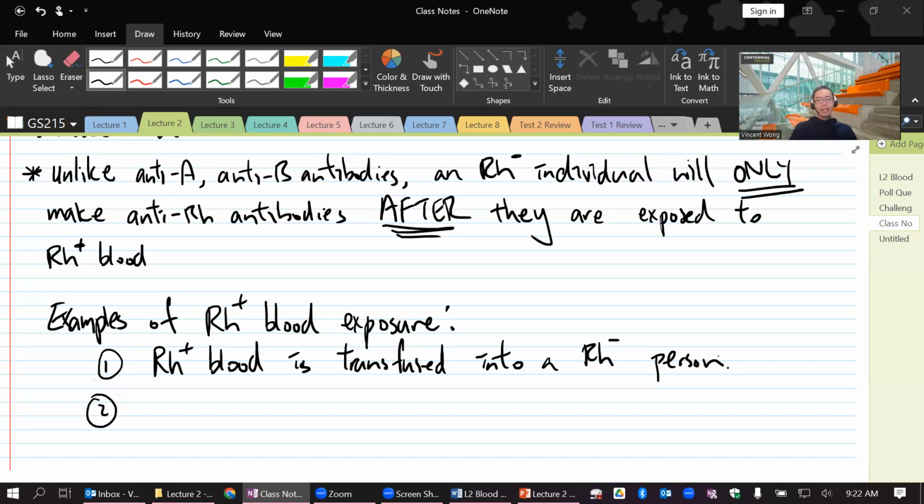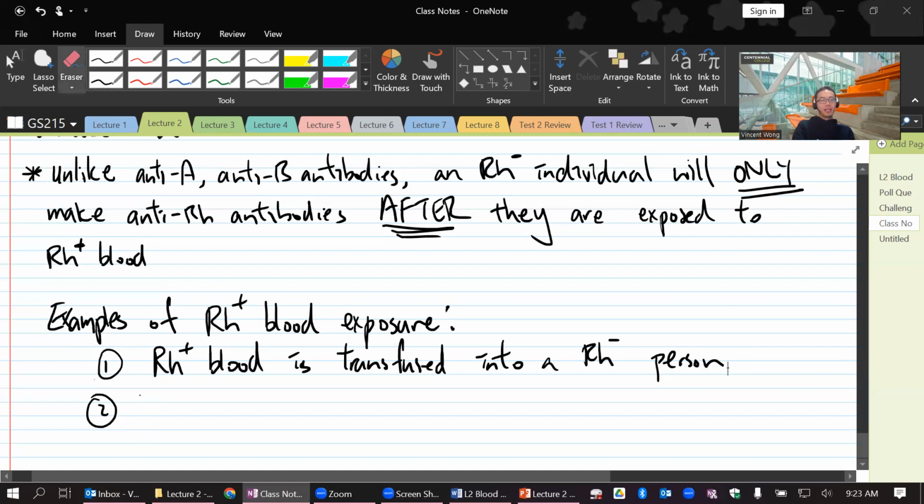And any other possibility? Do we have any mothers here? Encountering any Rh issues during pregnancy? You might probably know about the second reason. No? All right.